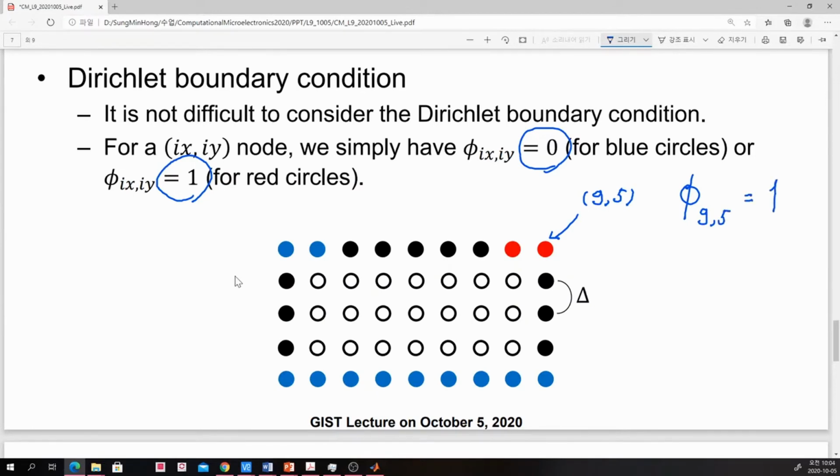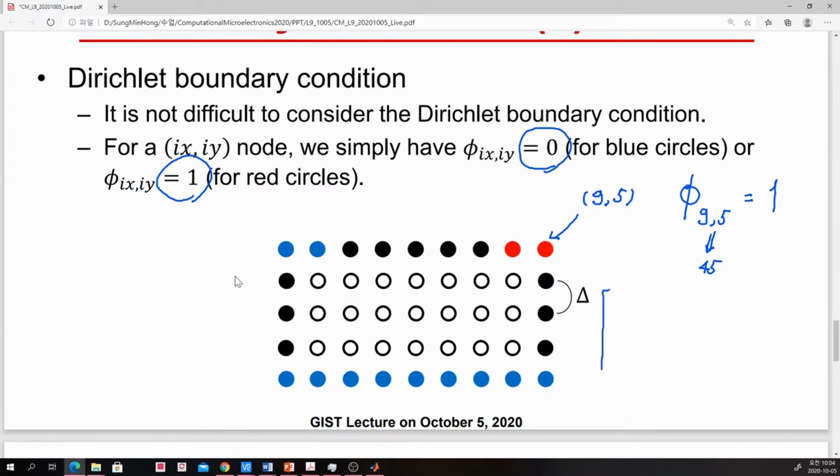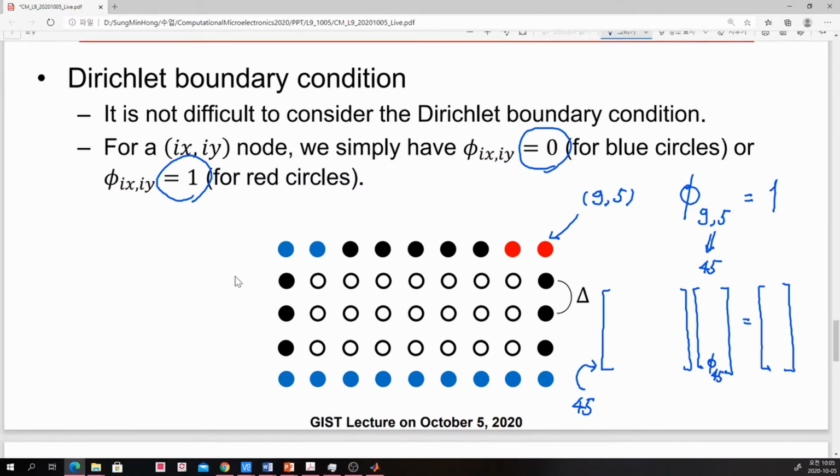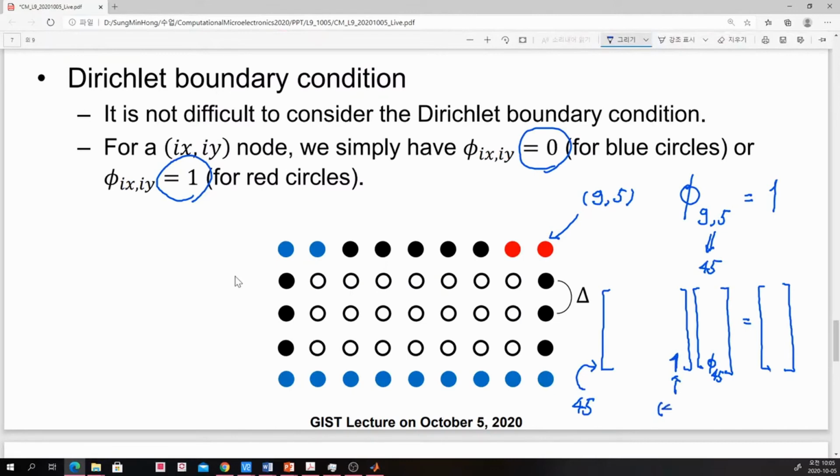Then, since your 9,5 is corresponding to number 45 in the vector, when you build your matrix AX equal to B, it just contributes to the 45th row, and here you have phi sub 45, and you have just number 1 in 45, 45, and number 1 again from this number.